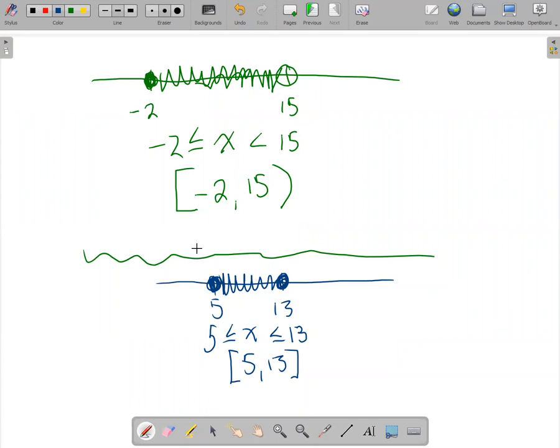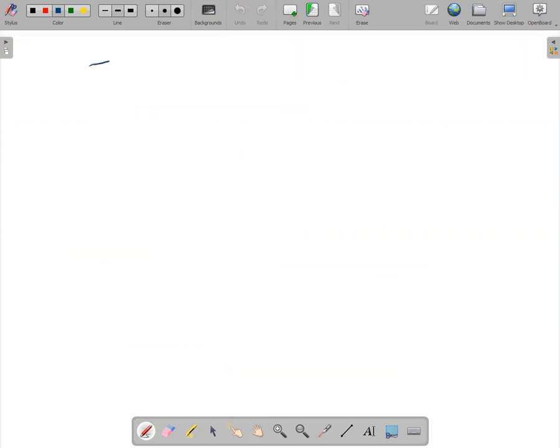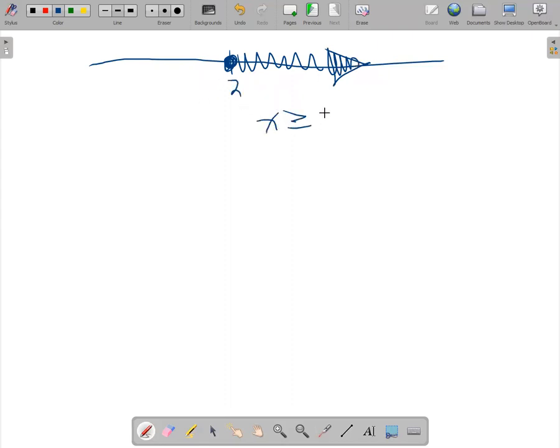Okay, one more example, and then we're ready to start looking at these problems. New page. If I have something like we had before, we'll shade the 2, and then we'll go to the right forever. If that's 2, this would be x is greater than or equal to 2.